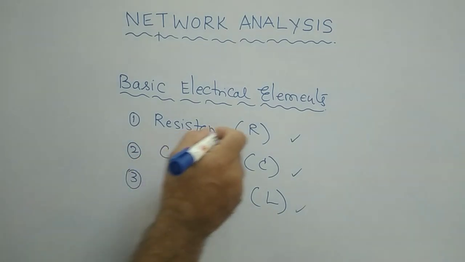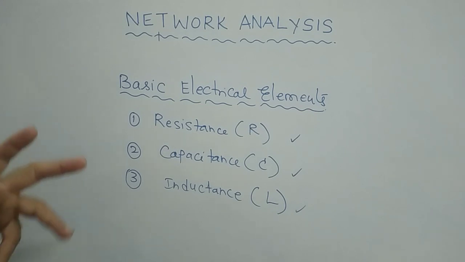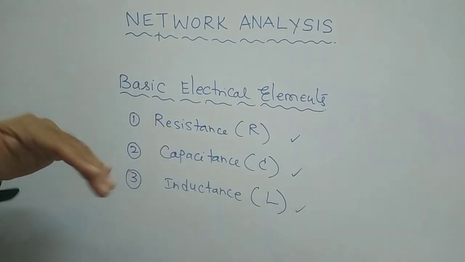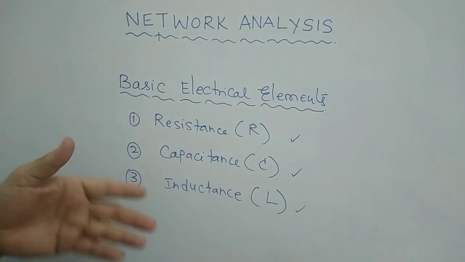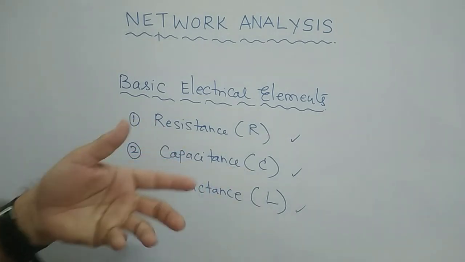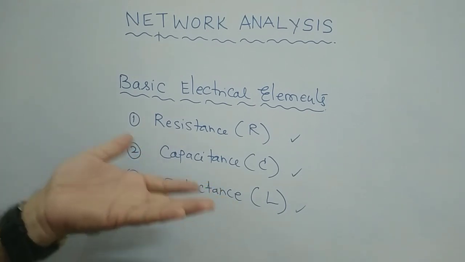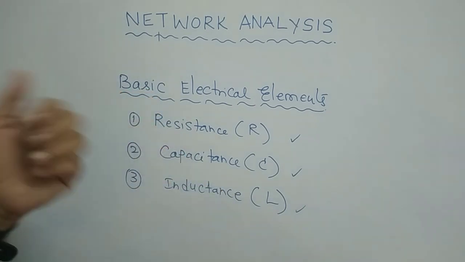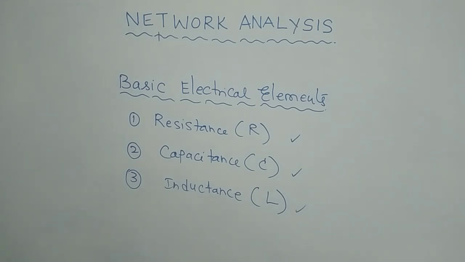The resistances can be connected either in series or in parallel. Similarly, the capacitances also can be connected in series or in parallel. Similarly, the inductances also can be connected in series or parallel, as per the application of the circuit, right?